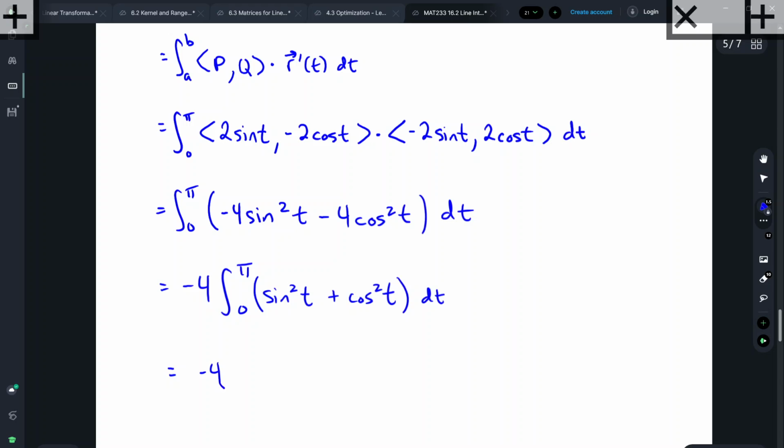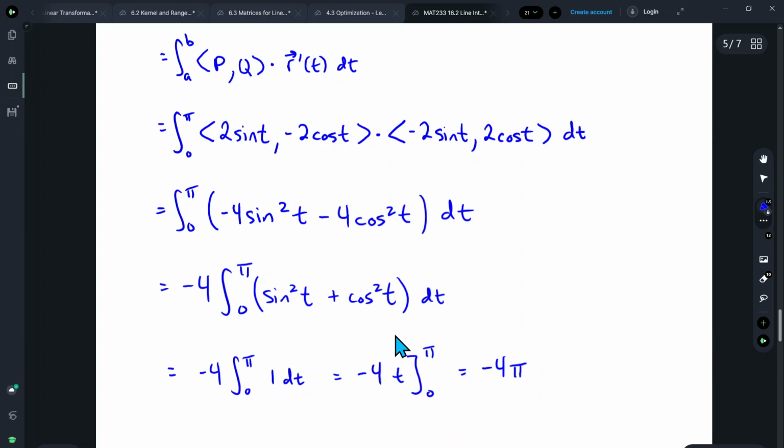So you get minus 4 times the integral from 0 to pi of 1 dt. And then the antiderivative of 1 is just t. So you get minus 4t evaluated from 0 to pi. When you plug in pi, you get minus 4 pi. When you plug in 0, you get 0.